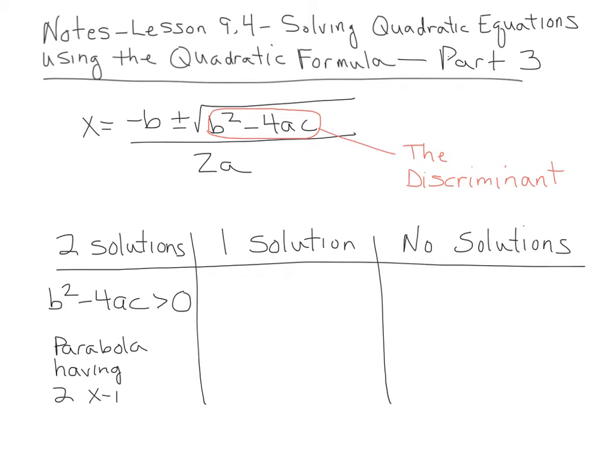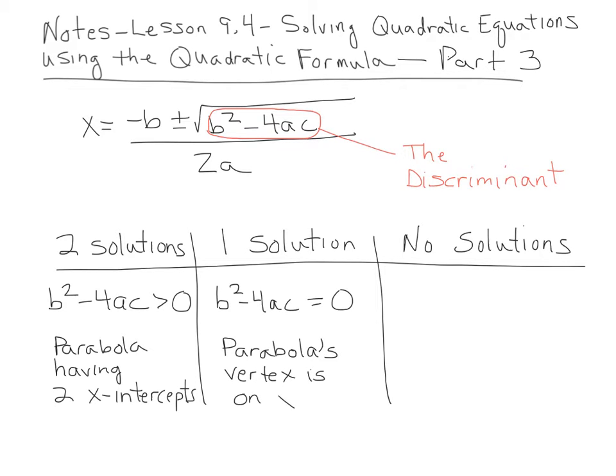If the discriminant, which is b squared minus 4ac, actually equals 0, then you're going to have one solution, which tells you that the parabola's vertex is on the x-axis. So it'll be turning right on the x-axis.